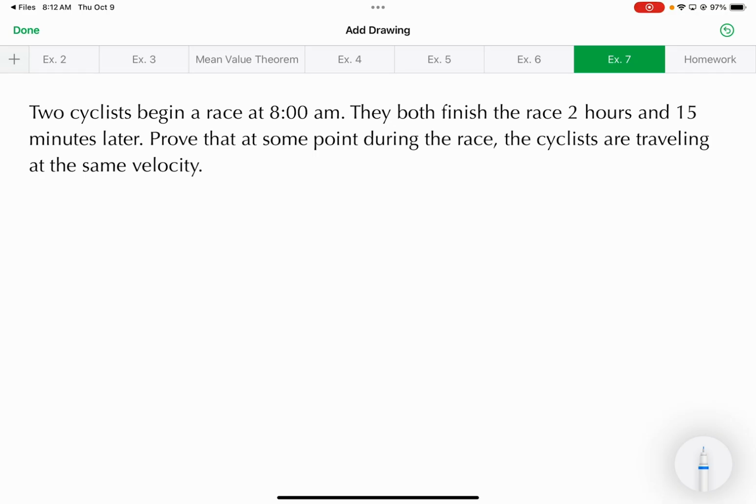They start and finish at the same time. So in order to force this to fit into the Rolle's theorem that I gave you guys, you could also think about it this way. So if you think about cyclist 1 having their position being, let's say, f of t, and then cyclist 2 having their position be g of t.